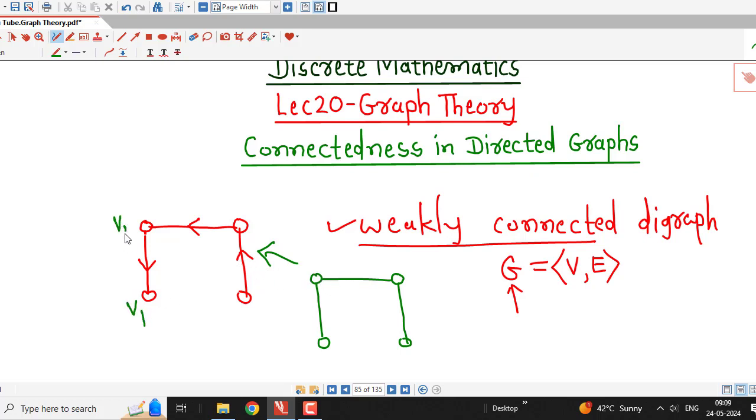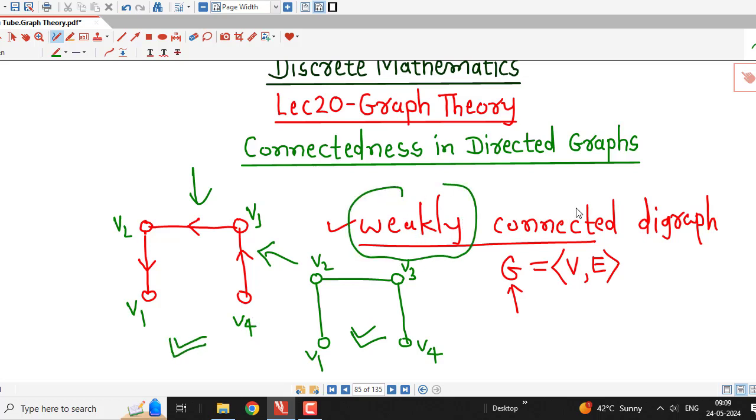Suppose vertices are denoted by V1, V2, V3, V4. Here also V1, V2, V3 and V4. So after neglecting directions of edges in this directed graph, we have this underlying undirected graph, and then we check whether this undirected graph is connected or not. If this graph is connected, then corresponding directed graph is called weakly connected directed graph.